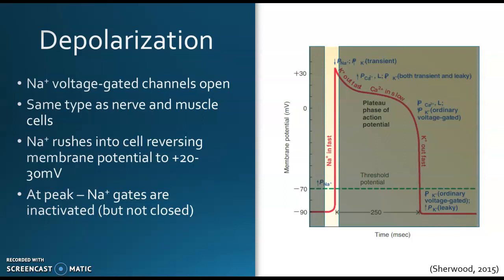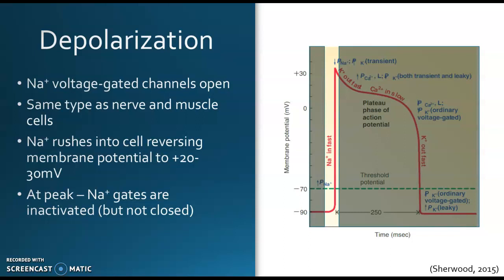Sodium is a positive ion, so as that positive ion goes into the cell, that is going to increase your membrane potential and essentially reverse it so that it has a positive membrane potential, and that sodium is going to continue to rush in until you hit about that +20 to 30 millivolt threshold again. Similar, it just depends on which myocardial cell this is happening in.